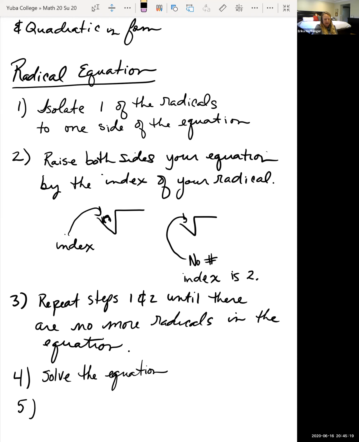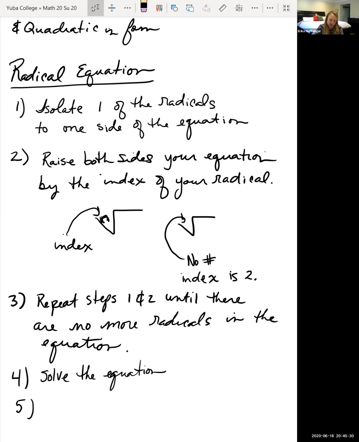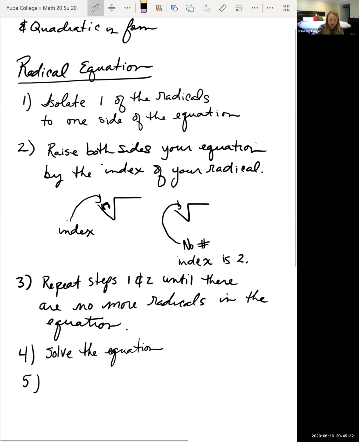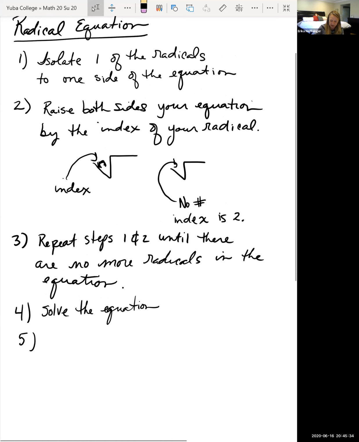And then we need to be careful because if you raise both sides by a power that's even, you might come up with answers that are not part of the solution set. So you might come up again with extraneous solutions like we were looking at yesterday, values which made our denominator equal 0.